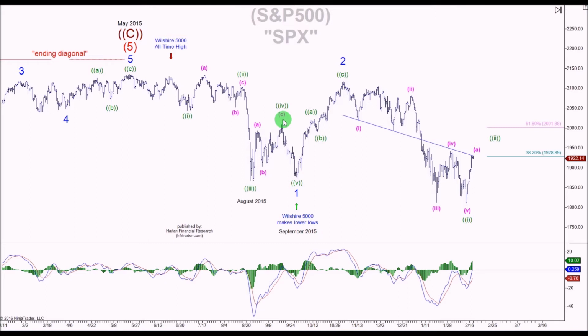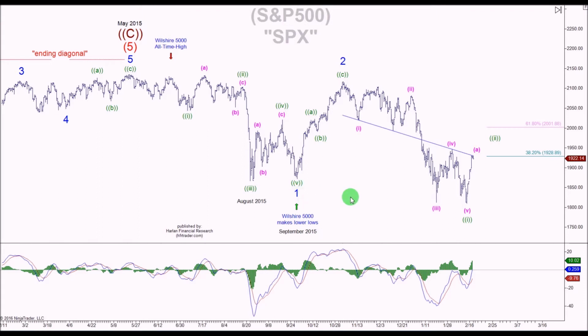Then it did an ABC 4, and then a diagonal 5-wave pattern down to complete 5 waves at the minute degree for minor wave 1. And the Wilshire made its low here, even though the S&P didn't.